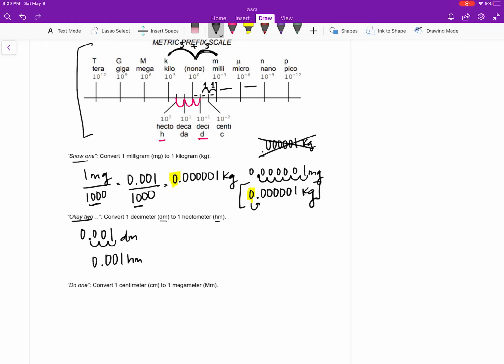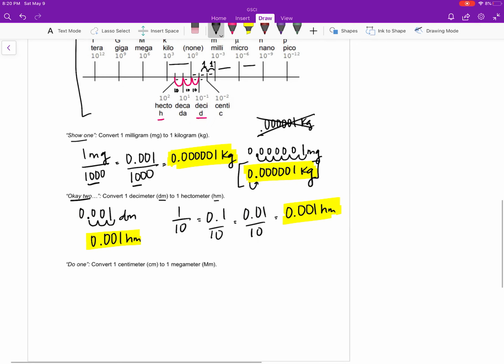If I wanted to do the divide by, I'm going to divide by 10, divide by 10, divide by 10. So I'm going to divide each time by 10, which is the equivalent of moving the decimal place over to the left 1 time. So they both give us the same answer, whether we divide by a factor of 10 or move the decimal place. Just remember, each of these small increments down here is moving the decimal place over by 1. Each large one is moving the decimal place by 3.